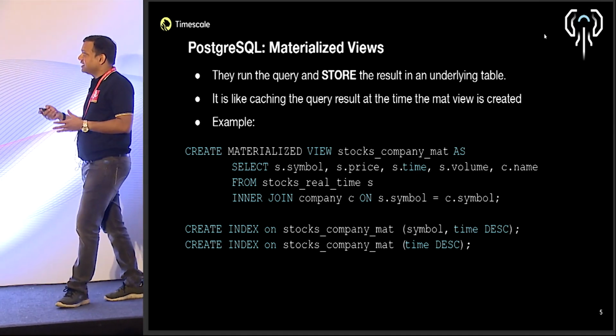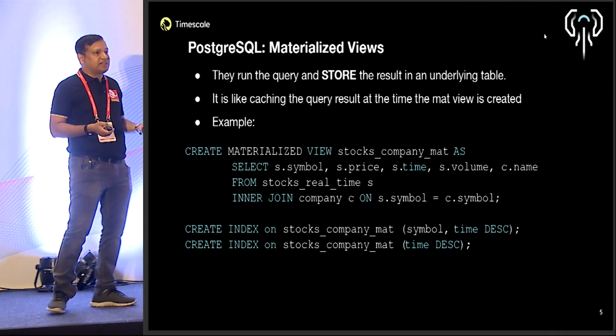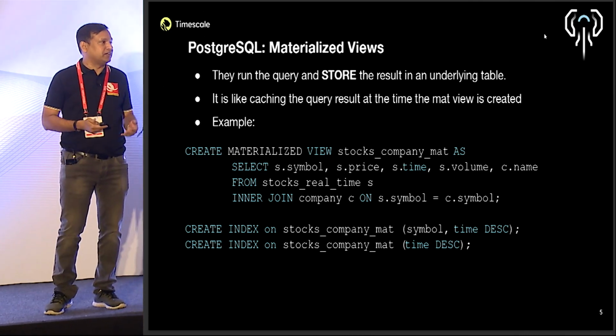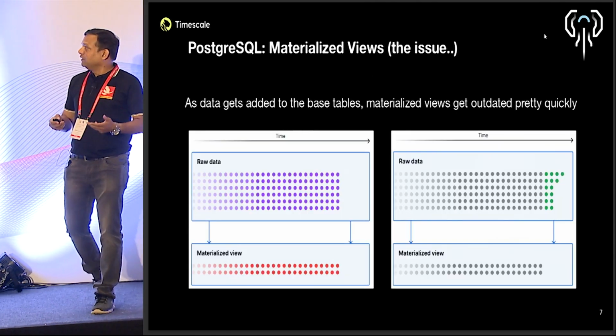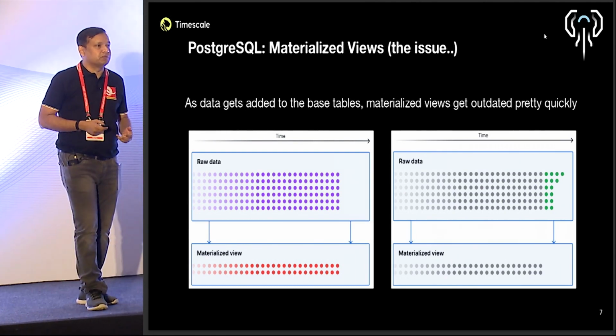Since a materialized view is a regular Postgres table, you can add indexes on top of it and then query it later. Here's an example.